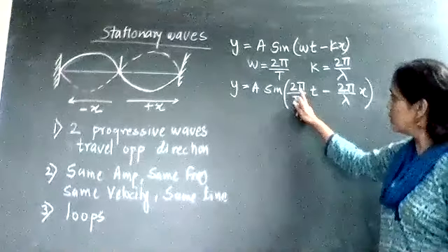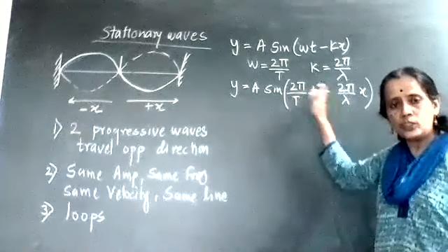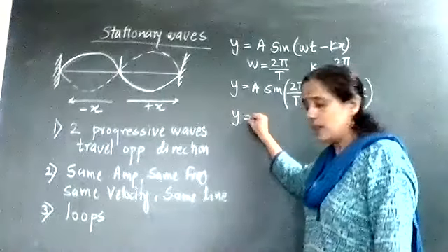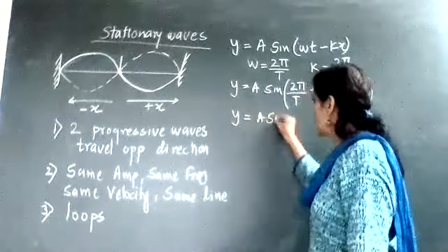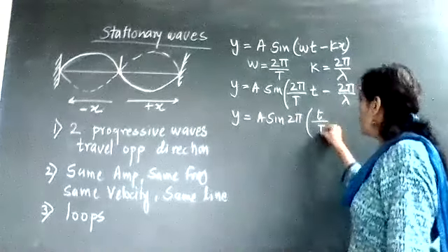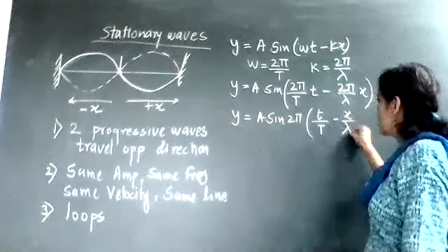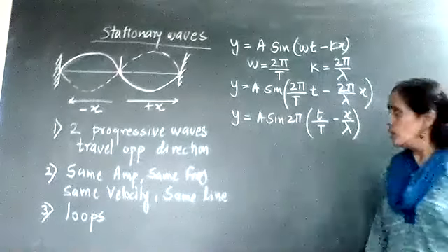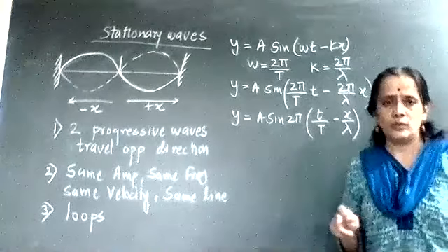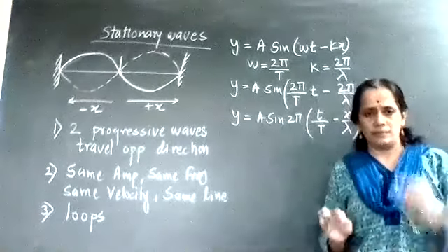Now inside the bracket 2 pi is a common quantity, so I'll take it common. So y is equal to a sine in bracket 2 pi into bracket small t upon capital T minus x upon lambda.